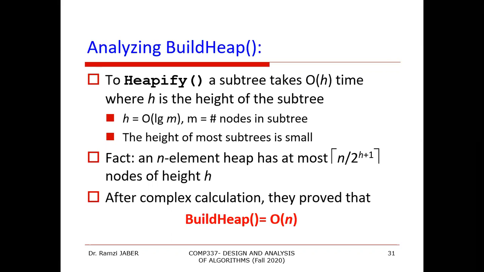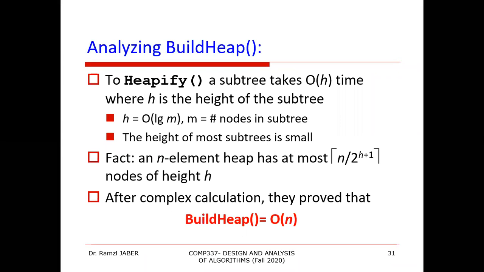Also, the height of most sub-trees is small because we begin from the bottom to the top. So, for n elements, a heap has at most n over 2 to the power h plus 1 nodes of height h.